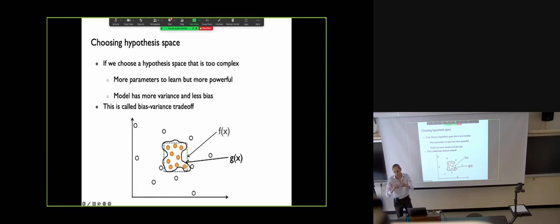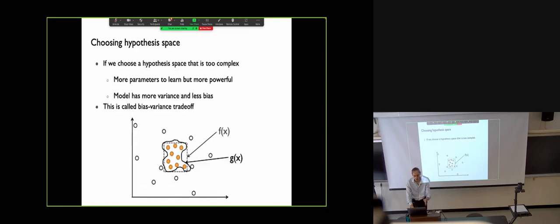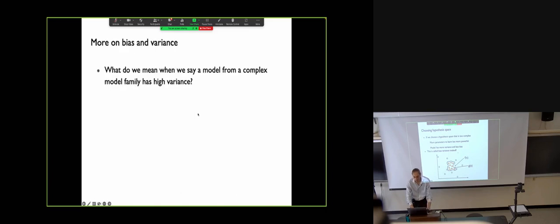So remember that the square is a true model that we're trying to learn from the data, but we never know the true model in practice. We only see these data points. So this more complex model, we call it has less bias but more variance. So these are concepts, and this is called the bias variance trade-off. Sometimes you can have a model that is too simple, like the triangle, which has more bias, or too complex, which has more variance.